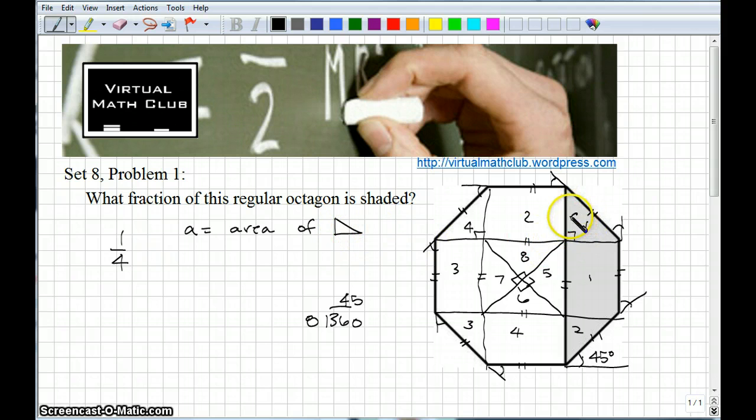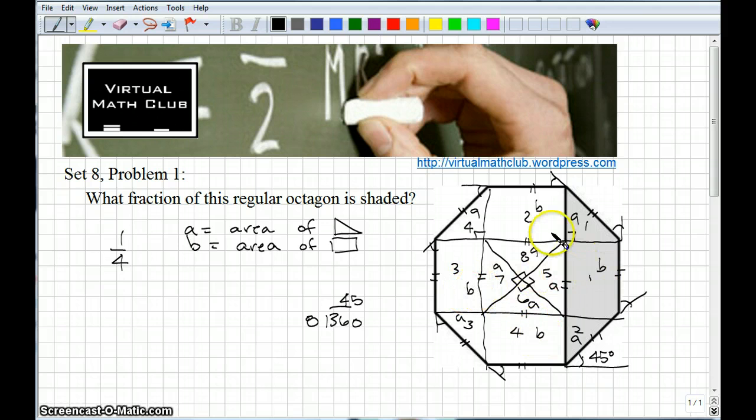So this area is A, this area is A, this area is A, this area is A, and these areas are all A. They're all the same area. And let's call B the area of the rectangles. So the area of this would be B, this would be B, this would be B, and this would be B.